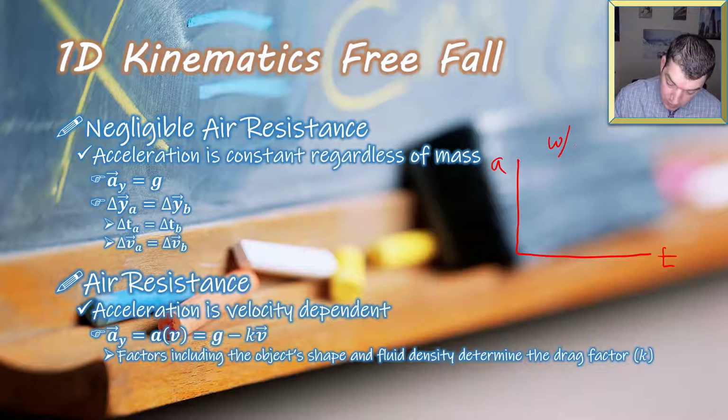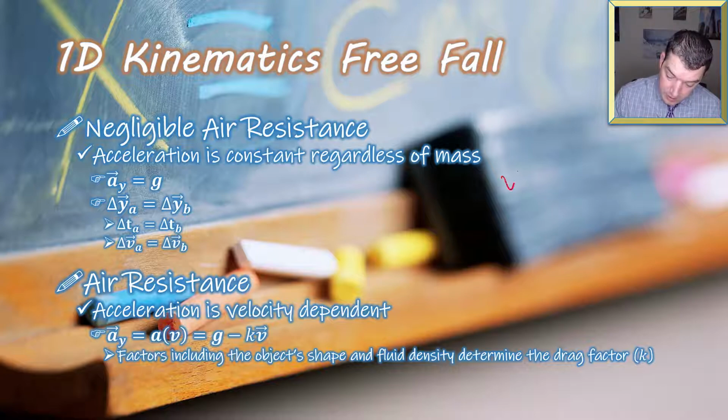With air resistance or drag, that acceleration is going to decrease and approach 0. At that time when it essentially goes to 0, we've reached terminal velocity.